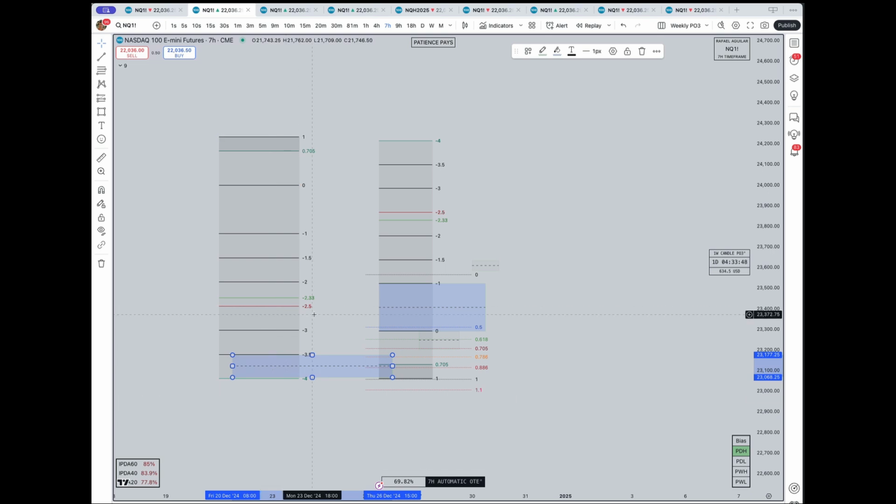Price was making lower lows and lower highs, and then it started changing direction here. So we can see higher highs and higher lows, but a very small range because it's a consolidation.